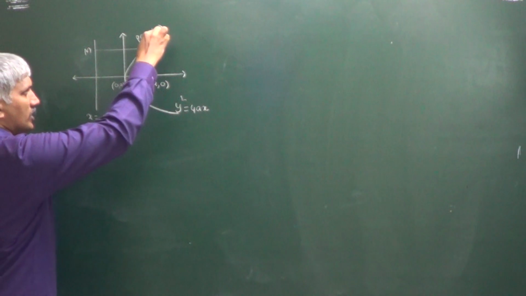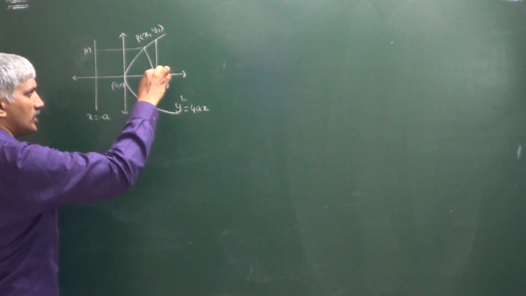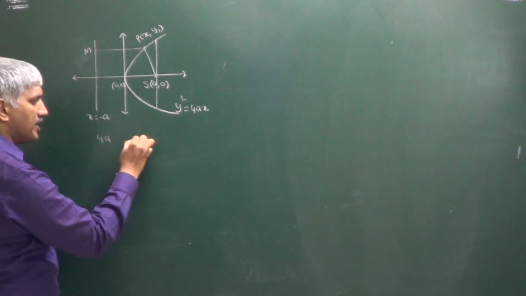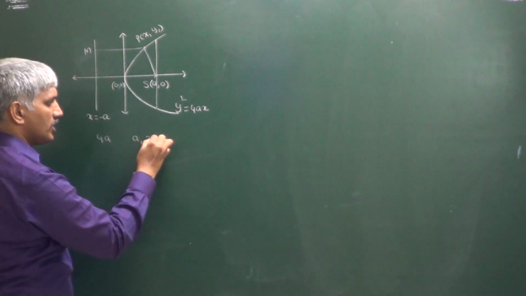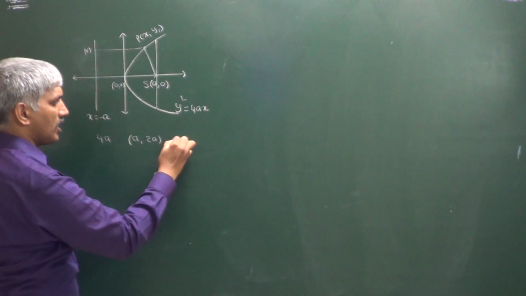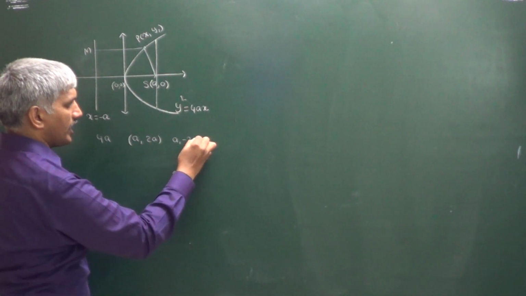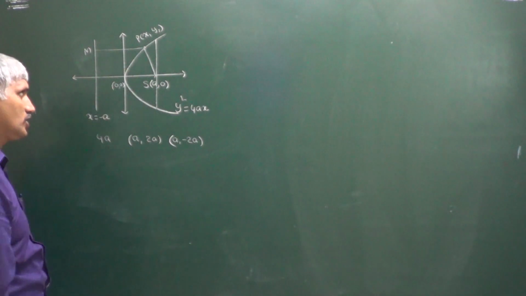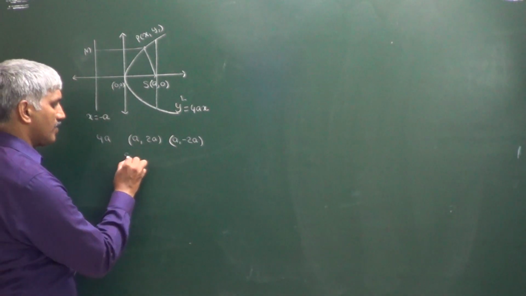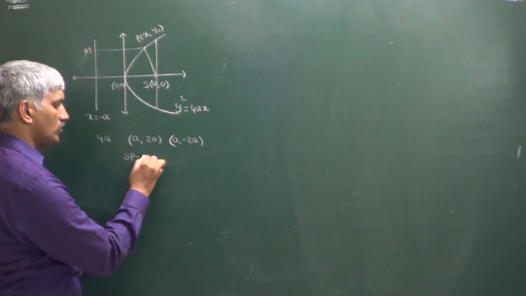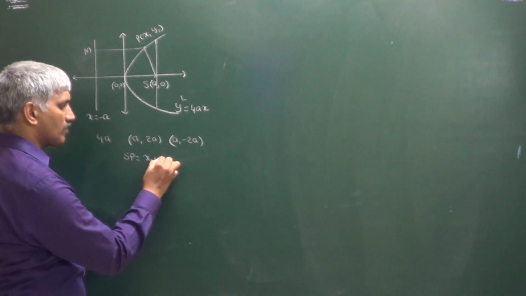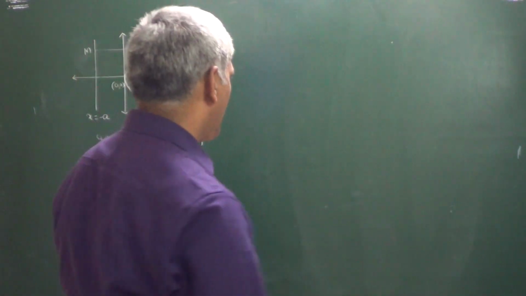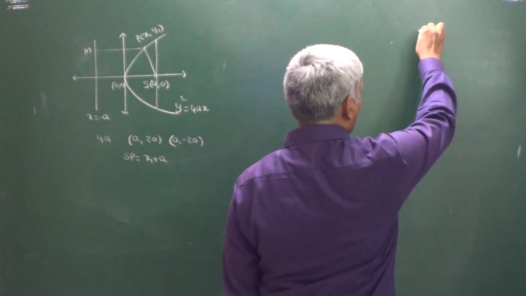The length of the latus rectum is 4a and the end points of the latus rectum are a comma 2a and a comma minus 2a. In case of the parabola y square is equal to 4ax, the focal distance SP is equal to x1 plus a. That is the discussion we did in the first case. Next, I am discussing another case for the parabola.